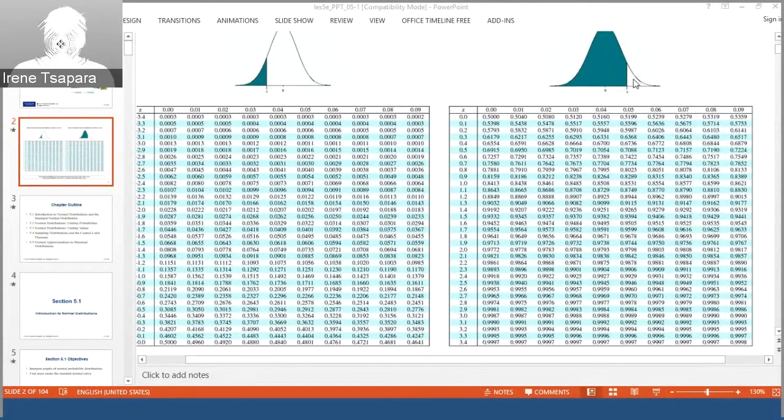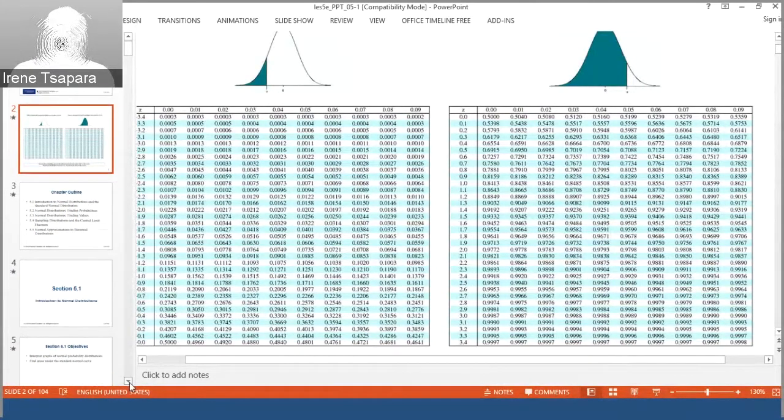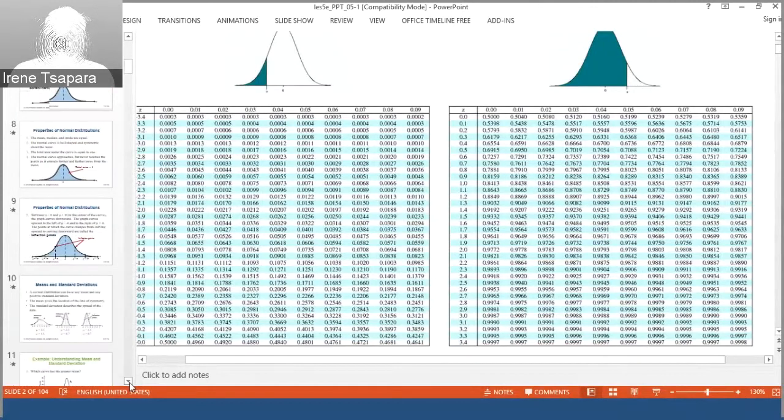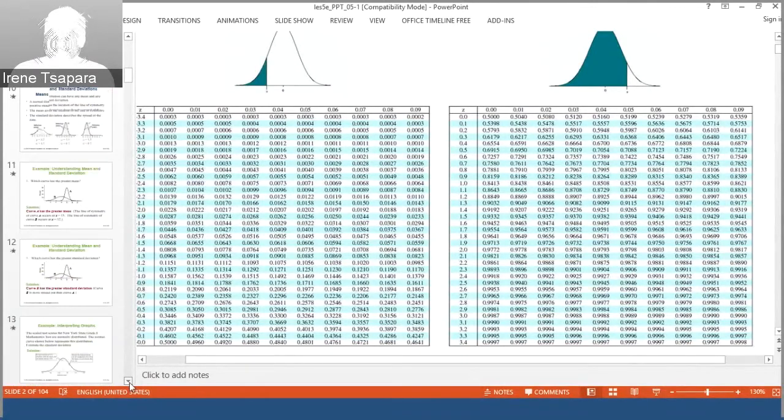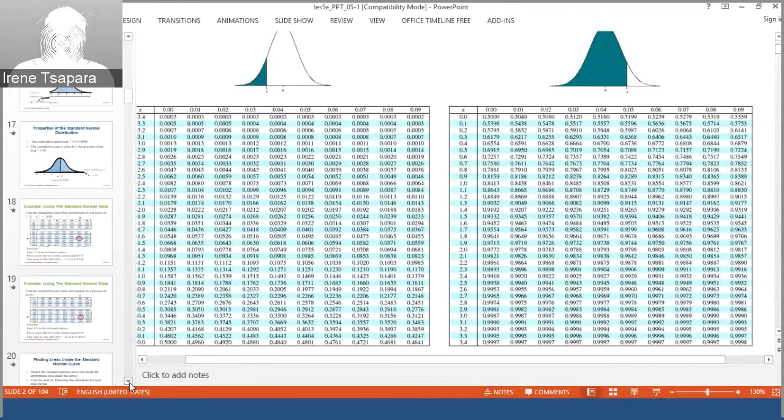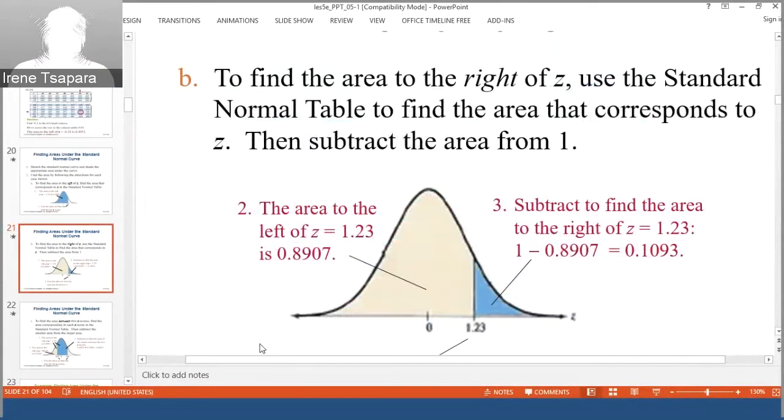But what is this part? This part is 1, that is the total area, minus what I just found, the blue part. So basically, in order to make these calculations, I need to subtract what I find in the z-score table from 1 and come up with the final answer. That is 0.1093, so 10.93% probability for my value z to be greater than 1.23.